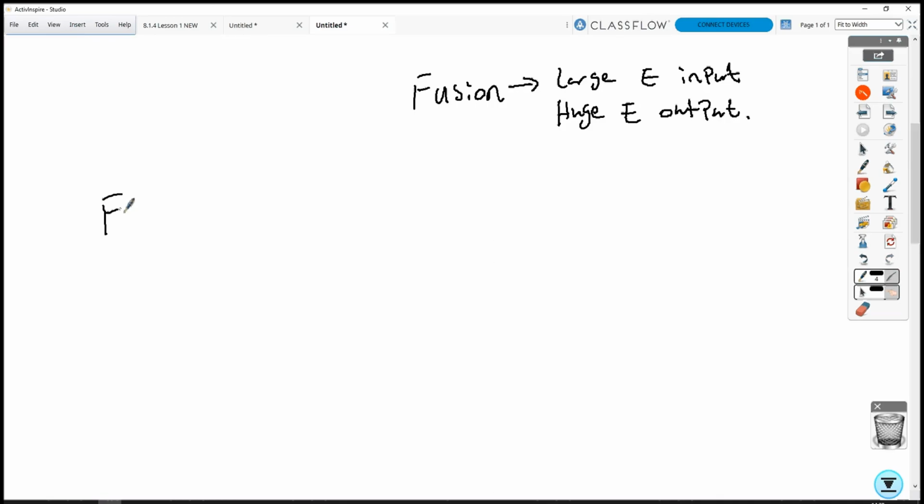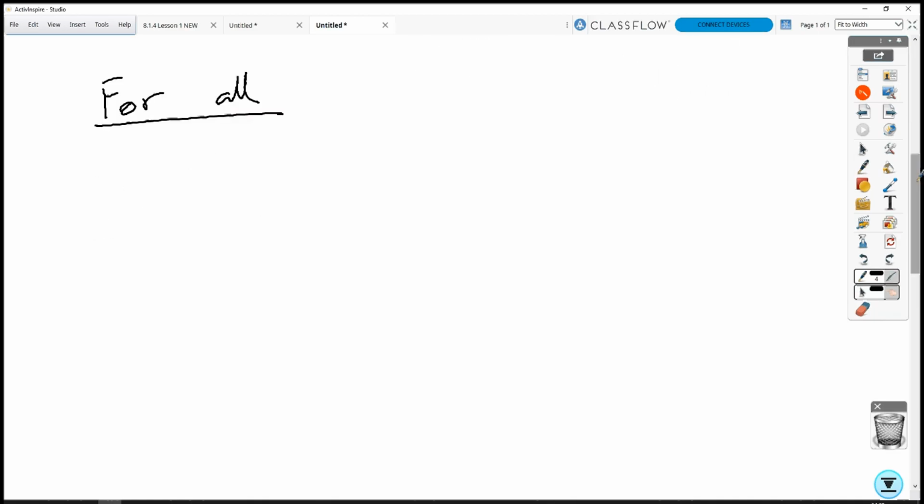All right, for all of these though, there are some similarities. So we have a before and after. I'm going to use a couple of examples.